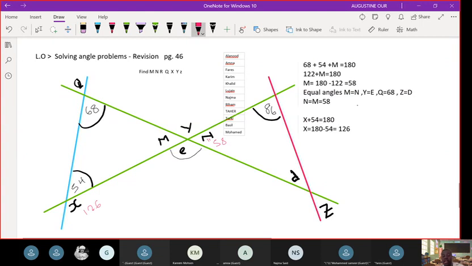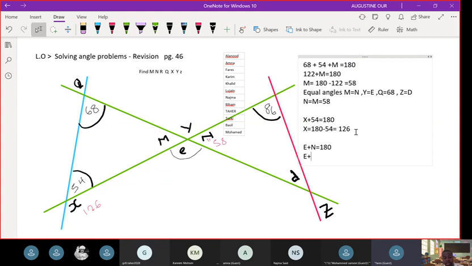Okay, how can we find E? We know that E plus N is what? 180, thank you. They're in a straight line. And now this will give us 180 minus 58, which is 122.